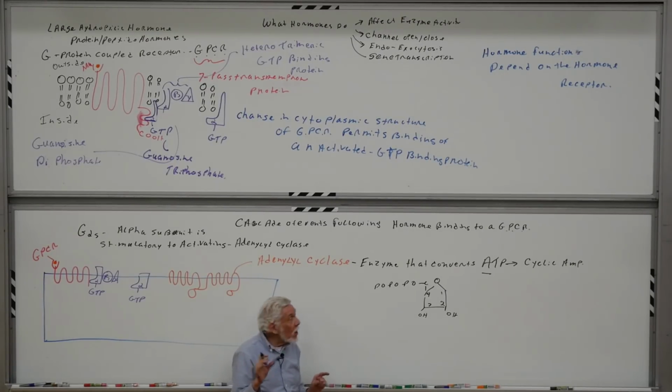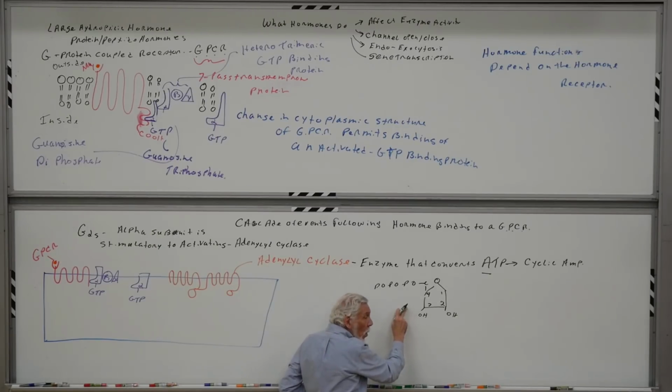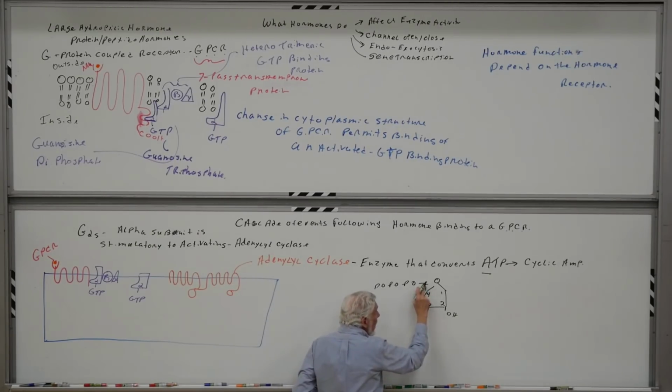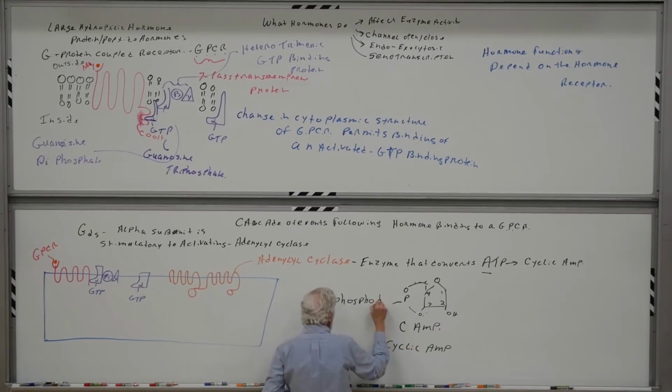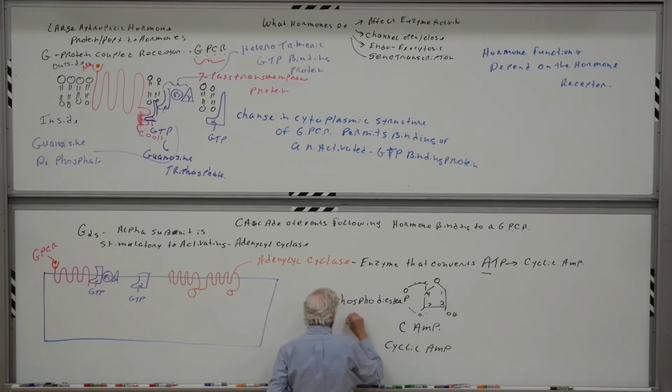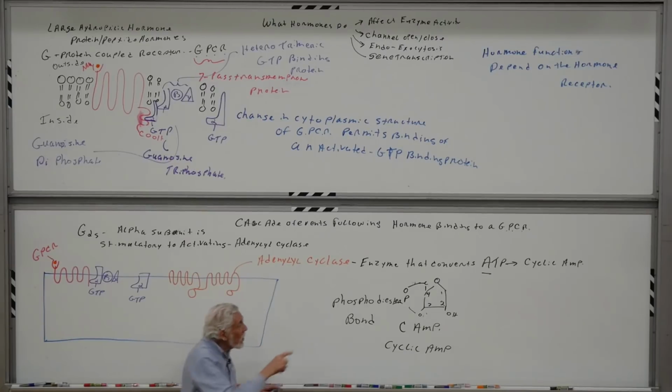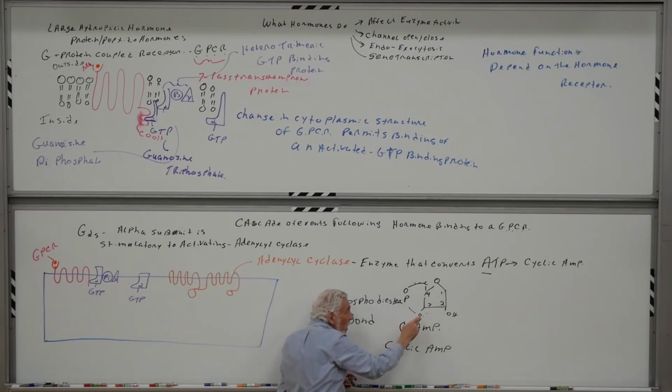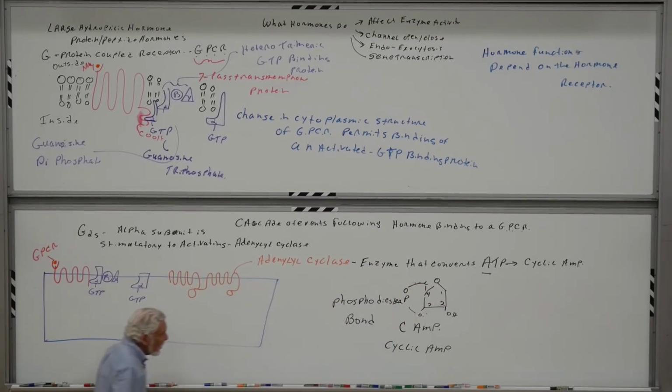We're going to modify this story just a little bit, and rather than linking one sugar to the next, we're going to link this number 5 carbon through the oxygen to a phosphorus to an oxygen bond. So this is now cyclic AMP. That's cyclic AMP. It's been cyclized, simply by linking the number 3 oxygen to the number 5 oxygen to form that phosphodiester linkage.